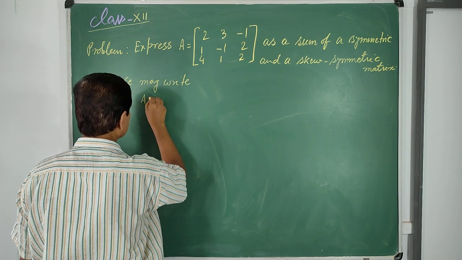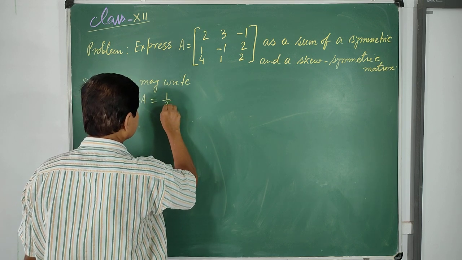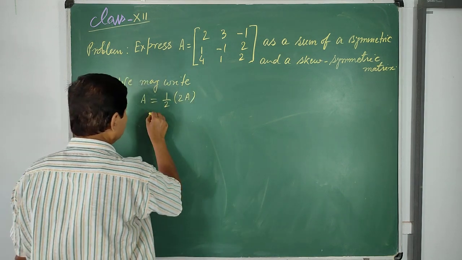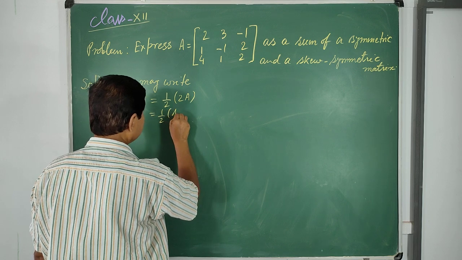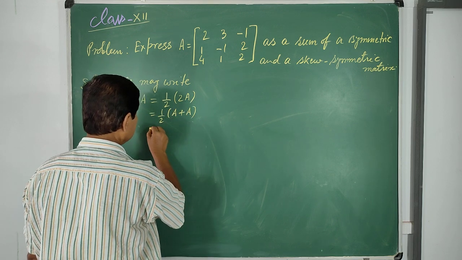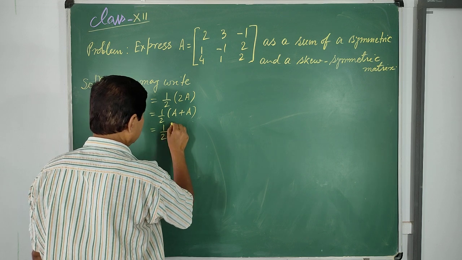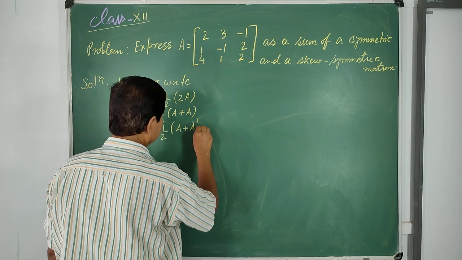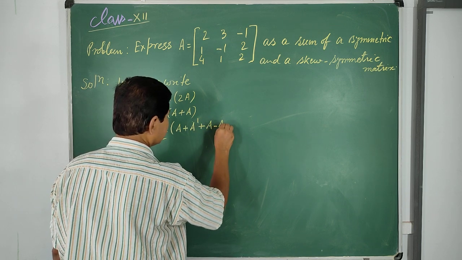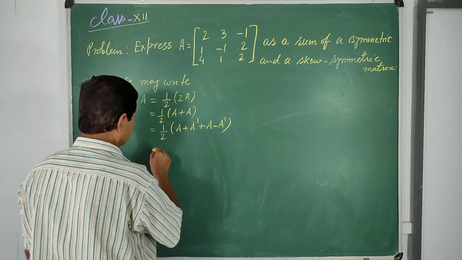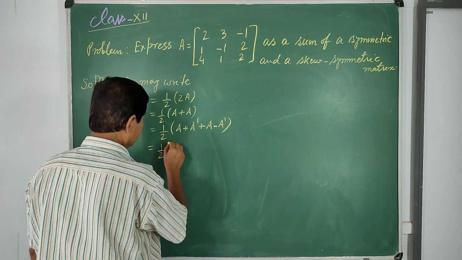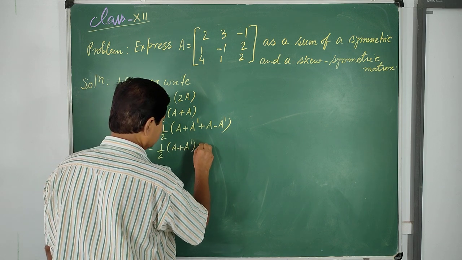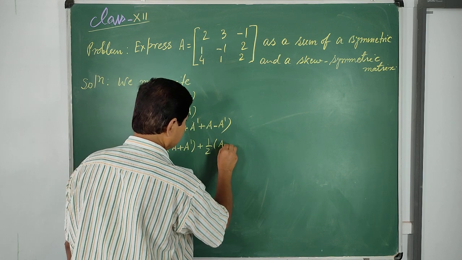A equal to half into 2A, that is equal to half into A plus A, that is equal to half then A plus A dash plus A minus A dash, that is equal to half A plus A dash plus half A minus A dash.